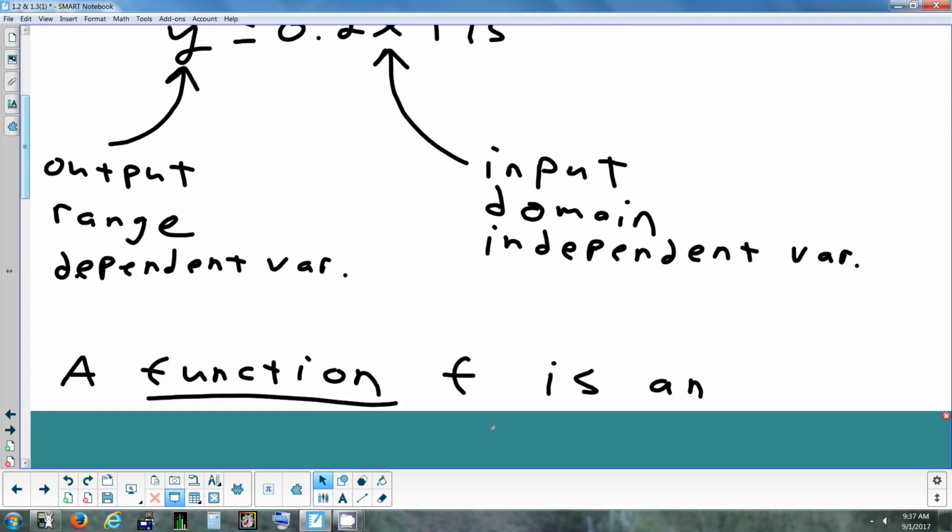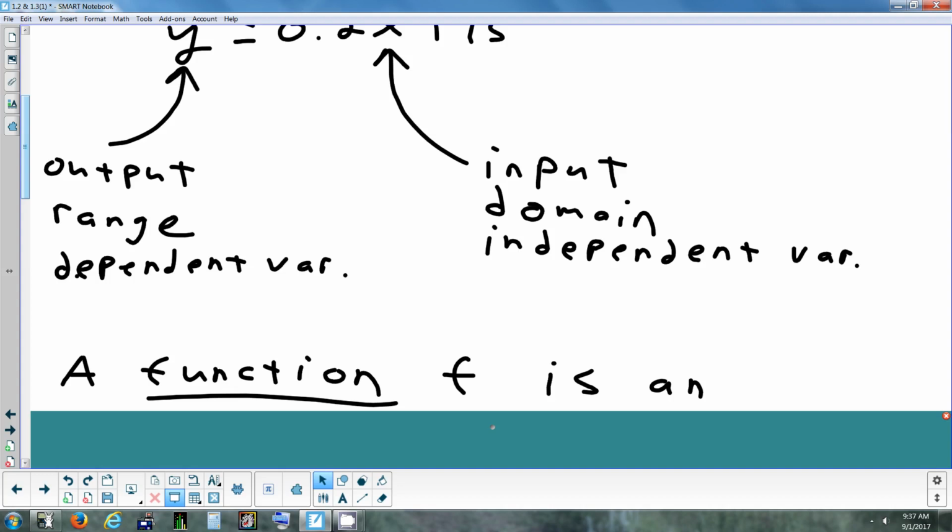If you want to think of it visually, there's a certain test that it has to pass. Does anybody remember the name of the test that a picture has to pass to be a function? Has to do with a type of line. Yeah?